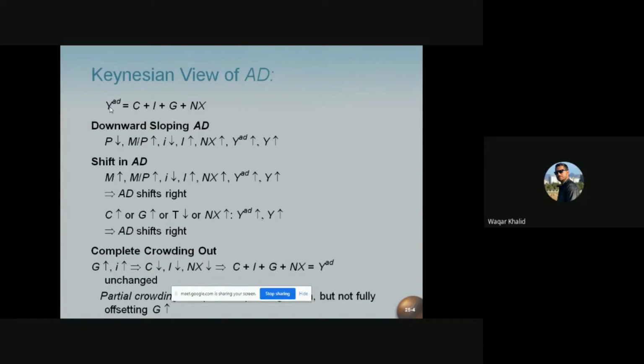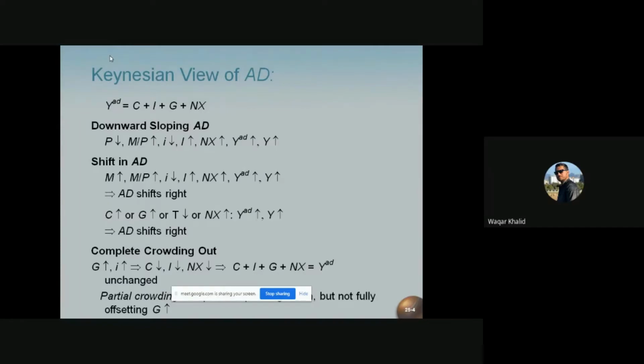The larger quantity of money in real terms that results from a lower price level causes the interest rate to fall, because M is constant and we are decreasing the price level. If P decreases, M over P increases. If M over P increases, it means i decreases, a lower interest rate.